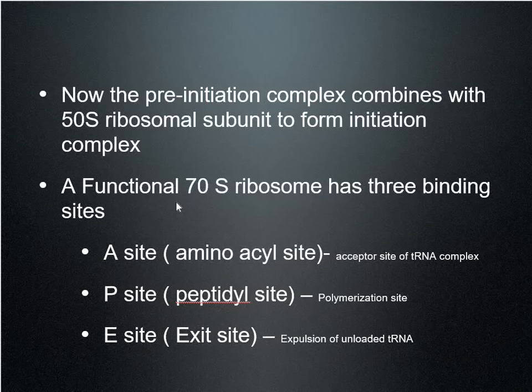But there is a difference. At the beginning of protein synthesis, the first tRNA is received through the P site. Only the first tRNA is accepted to the P site. All other tRNAs are accepted through the A site.